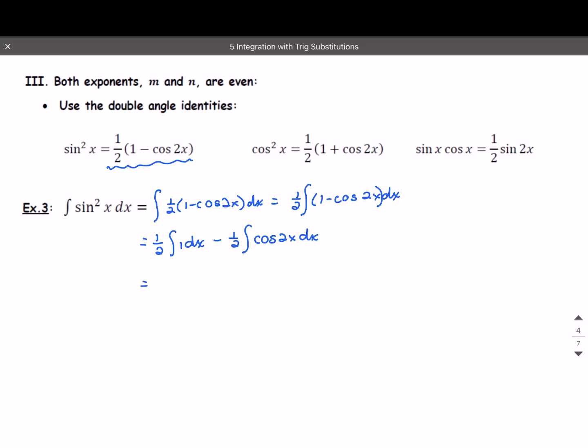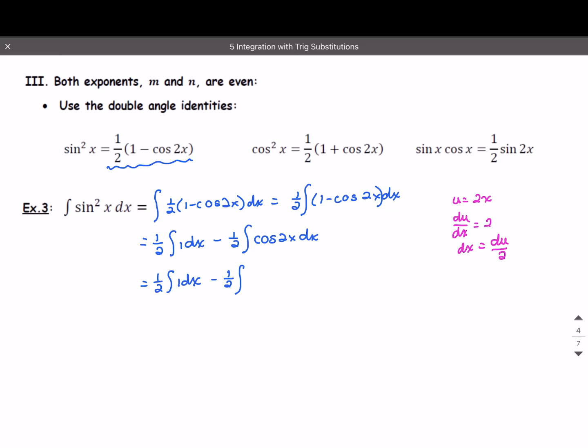Now, I know we can take the antiderivative of this first one very easily. And the second one, it depends on, if you remember, the way we were doing antiderivatives before u substitutions. But since we're doing u substitutions in this unit, let's say we let the u be 2x, then our du dx is 2, and dx is du over 2.